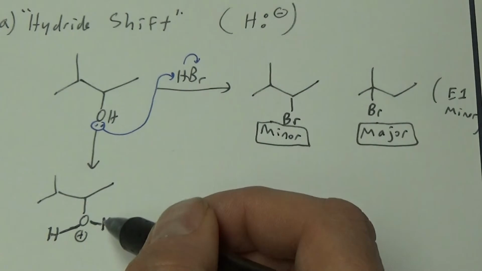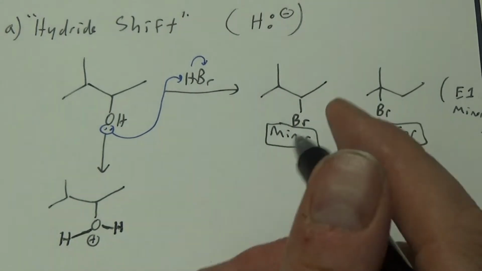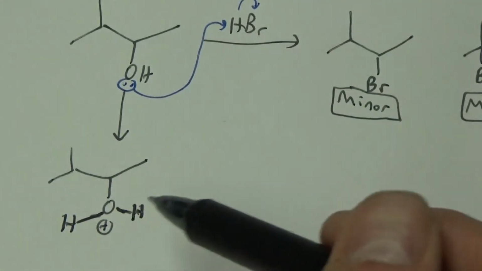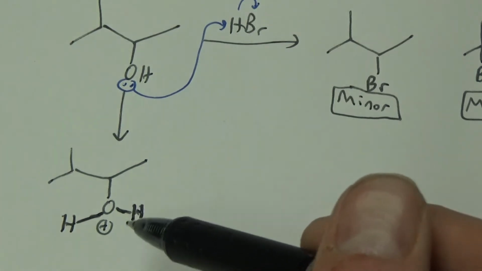Then on a secondary, is it going to be SN2 style or SN1? As we said in the last section, on the secondary it is not SN2, it's going to be SN1. So that means carbocation.